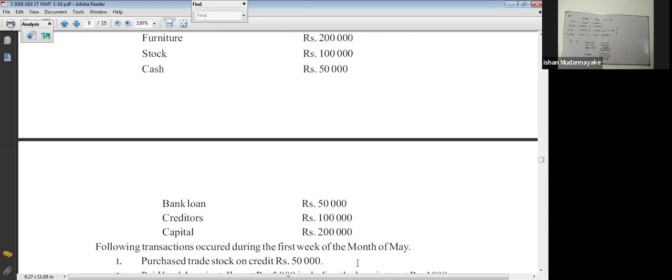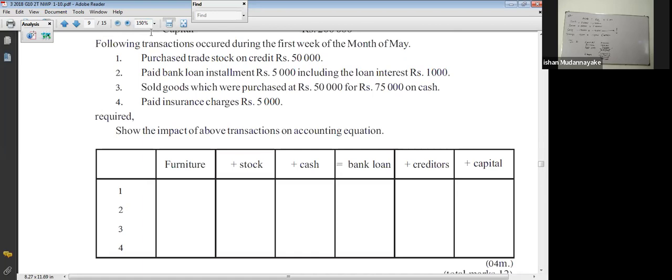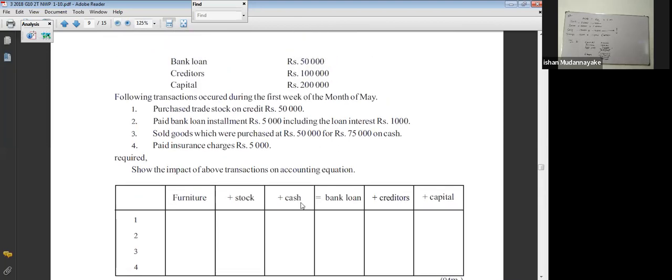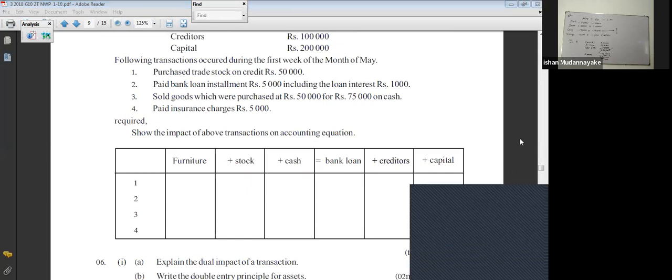Can you prepare the accounting equation and quickly send me answers? Right, Lama, I will give you 10 minutes. Within 10 minutes, try to prepare the accounting equation.